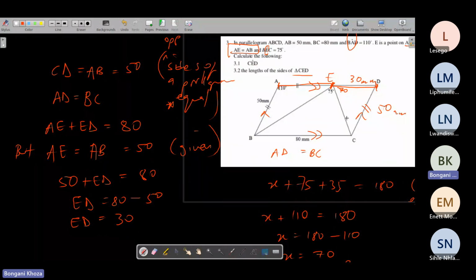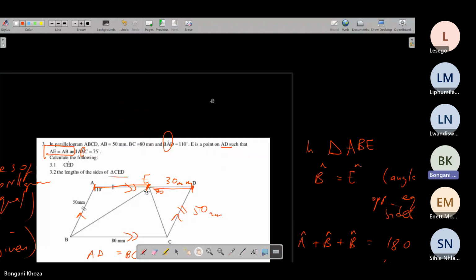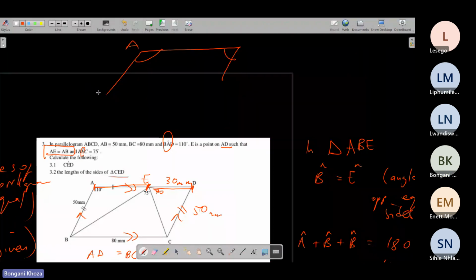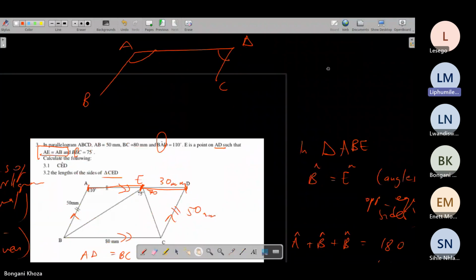We're missing one side now, right? So the trick that will help us there is that this is a parallelogram. So since it's a parallelogram, we do have a U shape we can utilize. So this is A, this is B, this is D, and then this is C. What's our U shape again? Co-interior.